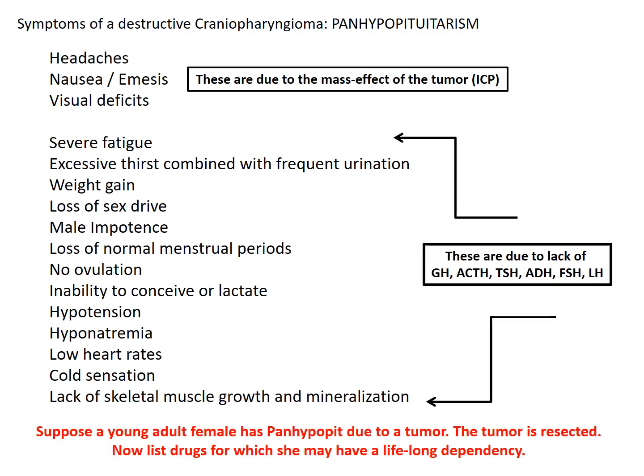Feeling fatigued, constantly drinking and constantly urinating, gaining weight, loss of sex drive, male impotence, amenorrhea, inability to ovulate, inability to conceive a pregnancy, inability to lactate, low blood pressure, low sodium, low heart rate, continual feeling of being cold, and a lack of skeletal muscle growth and a lack of bone mineralization. These are all symptoms of panhypopituitarism.